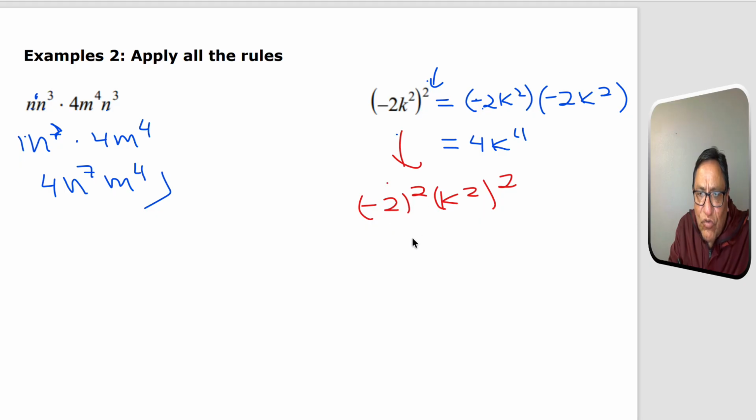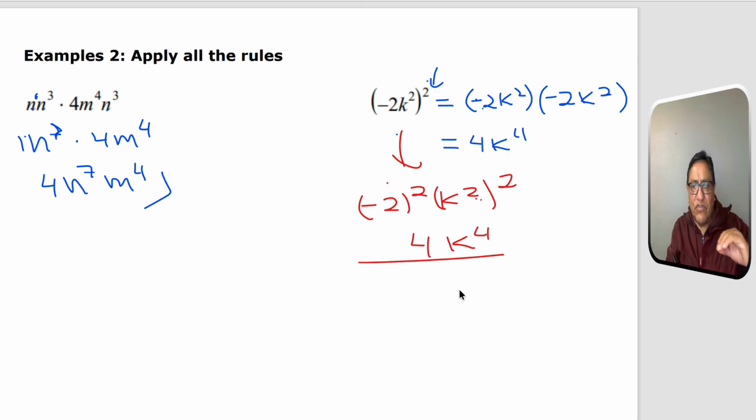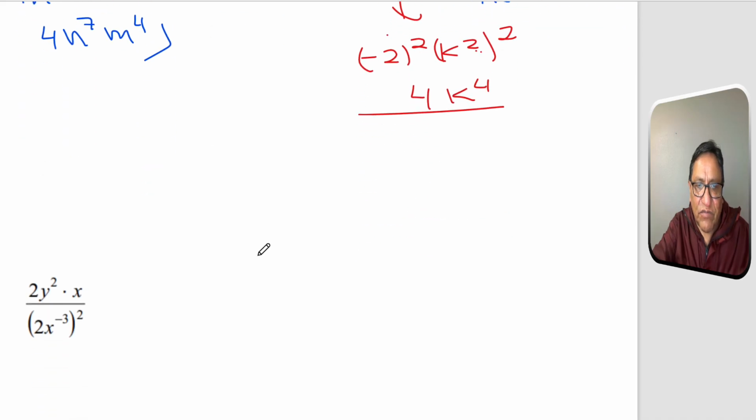Negative 2 squared will be 4, and we have k, and we multiply the exponents in the power rule of exponents. So 2 times 2 will be 4, and we got exactly the same answer. So you will see sometimes you can apply one rule before and the other rule after. It's up to you, depending on how well you have mastered this concept.